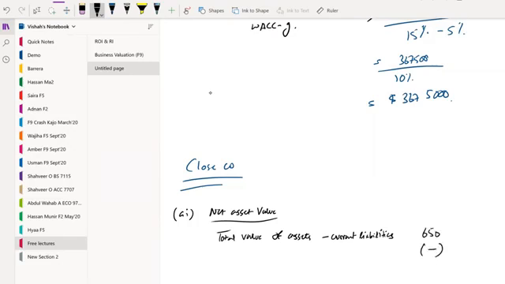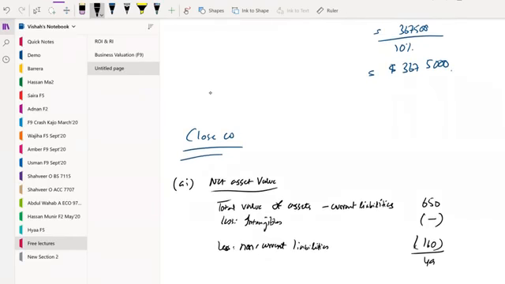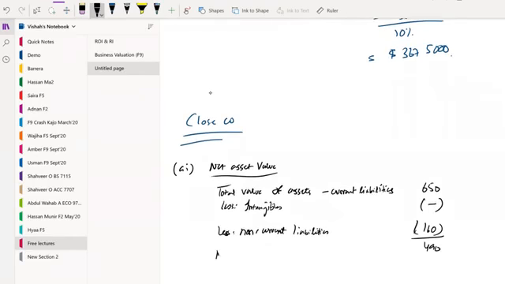There are no intangibles, so that would be 0. We do have non-current liabilities, that is of 160. 490 is the net asset valuation.